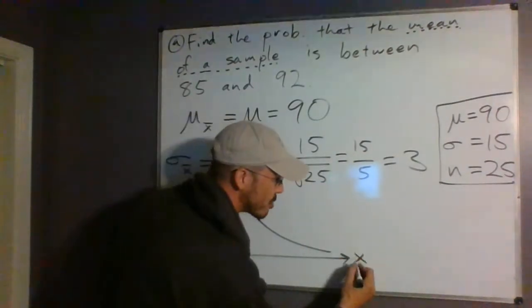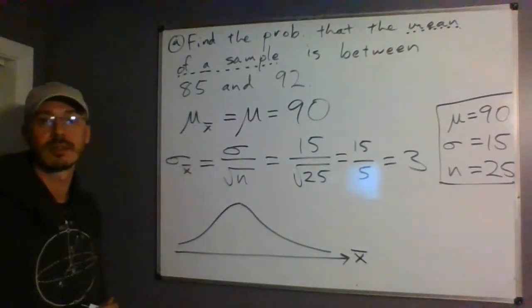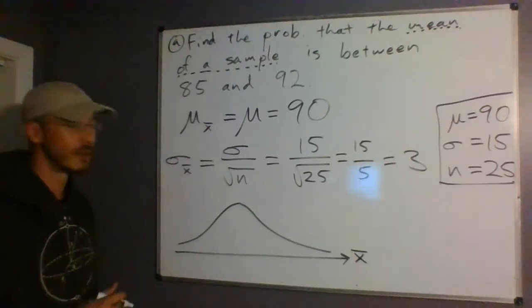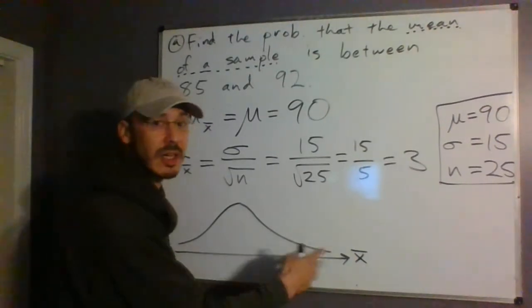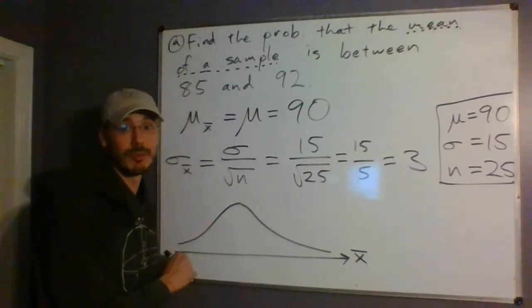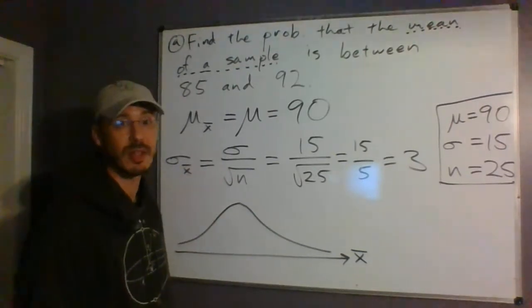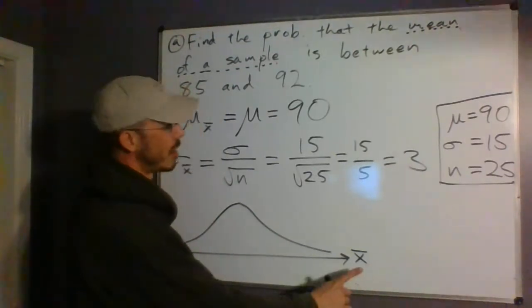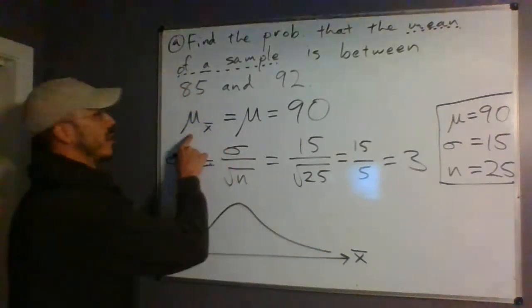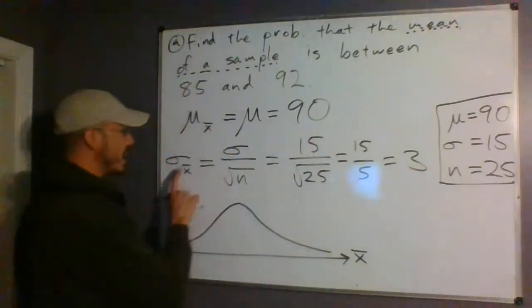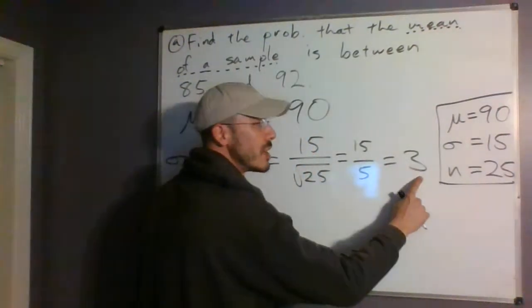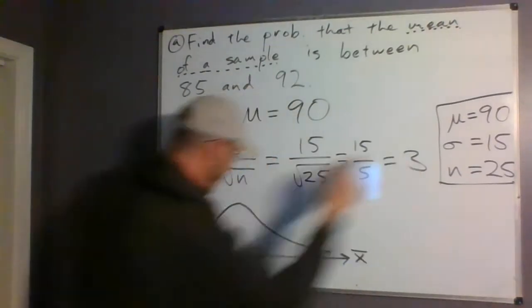This is the x-bar axis. All the different sample means that I can get, and it is normal as a consequence of the central limit theorem. But it's got the same mean, but it has a different standard deviation than the original one.